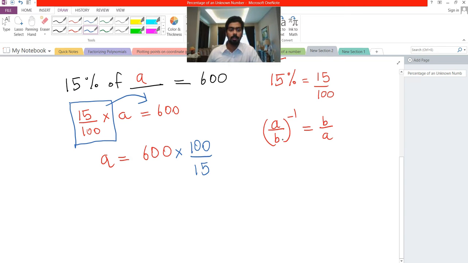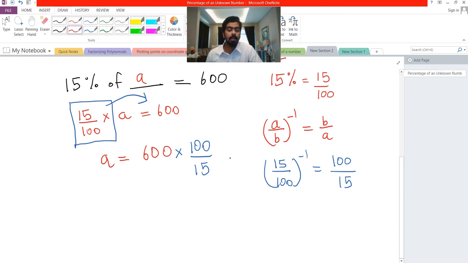Okay guys, the reciprocal, so we have 15 over 100. The reciprocal of this is equal to 100 over 15. So what did we do? We transpose 15 over 100 to the other side and we multiply it by its reciprocal, so 100 over 15.